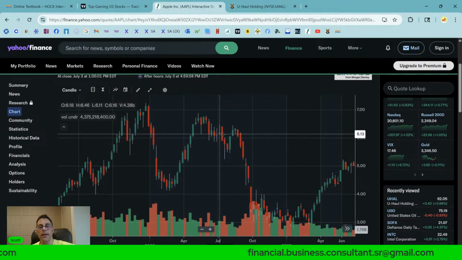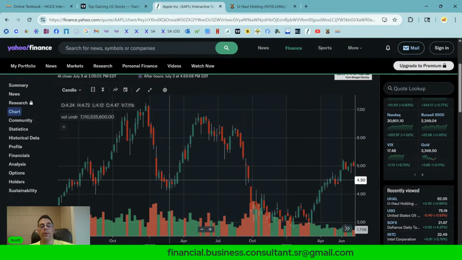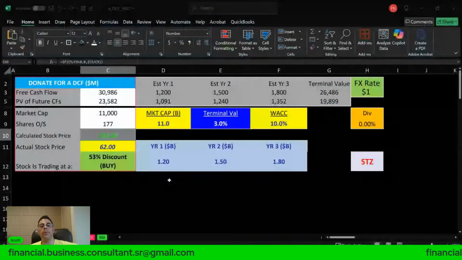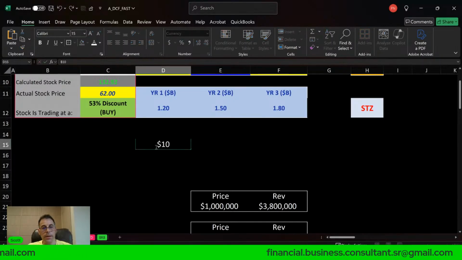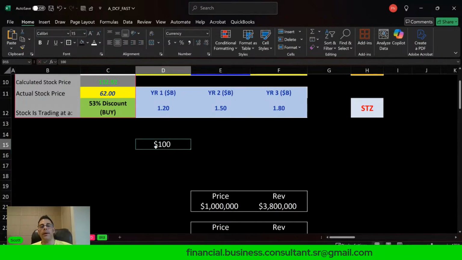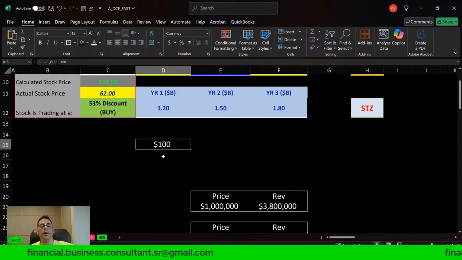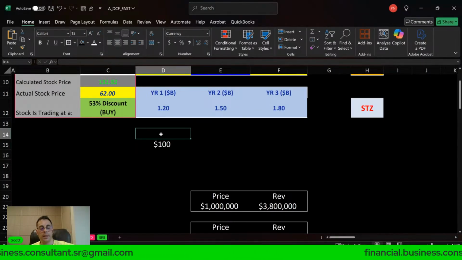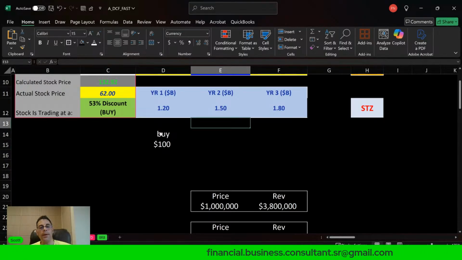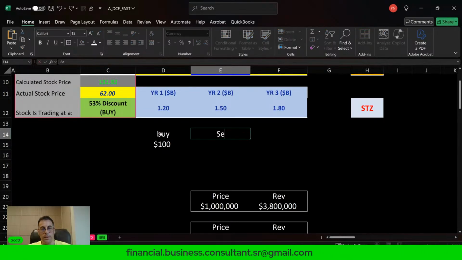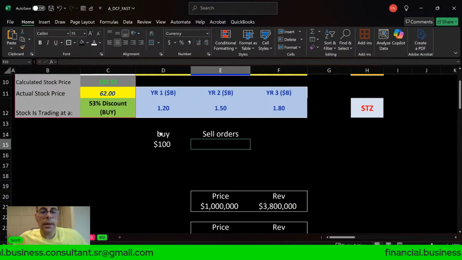But that's what happens when the stock gets high, people want to take in their gains. When people buy a stock, they put in sell orders. So say I bought 100 shares at $100 each today. Well, I'll put in sell orders just so I don't have to track the market.